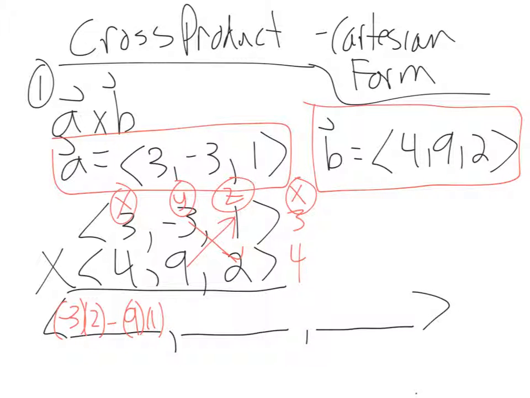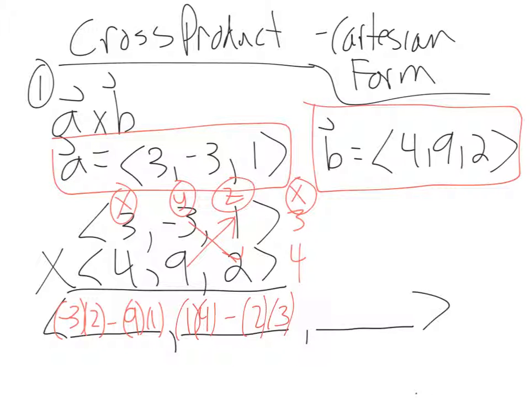So Z and X. So I'm going to have 1 times 4 minus 2 times 3, and that's going to give us a certain value as well, and that's going to give us our Y component.